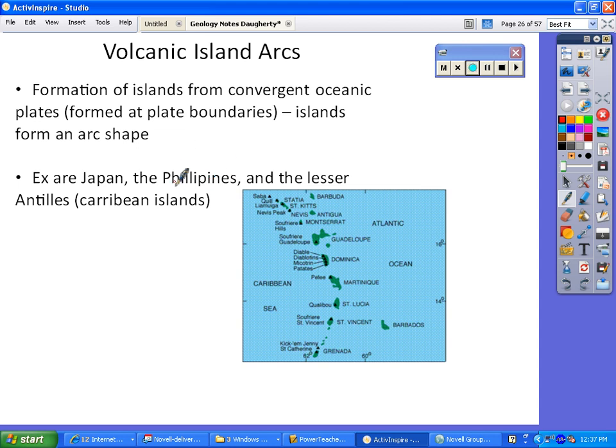The Philippines, which are actually pretty near to Japan, and I think I have a picture of them later in the presentation. And then we have the Lesser Antilles Islands of the Caribbean. And a lot of times they actually form this arc shape too. If you've ever been to the Caribbean, these are some of the islands that you might have seen.